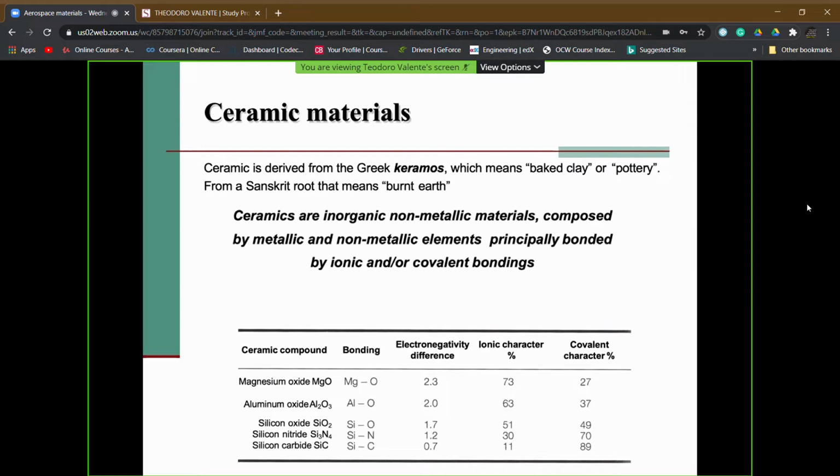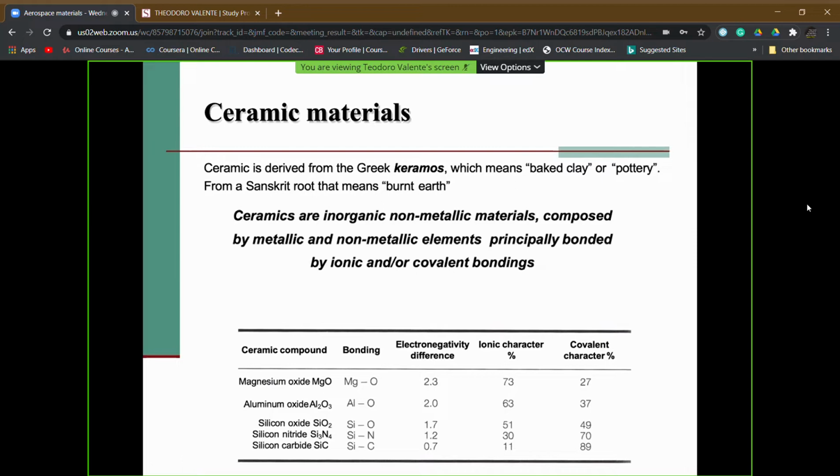being the rest, 27-30%, as covalent character. If we are focusing on another, which is a non-oxide, for example, the last one, silicon carbide, made by 1 atom of silicon bonded with 1 atom of carbon.